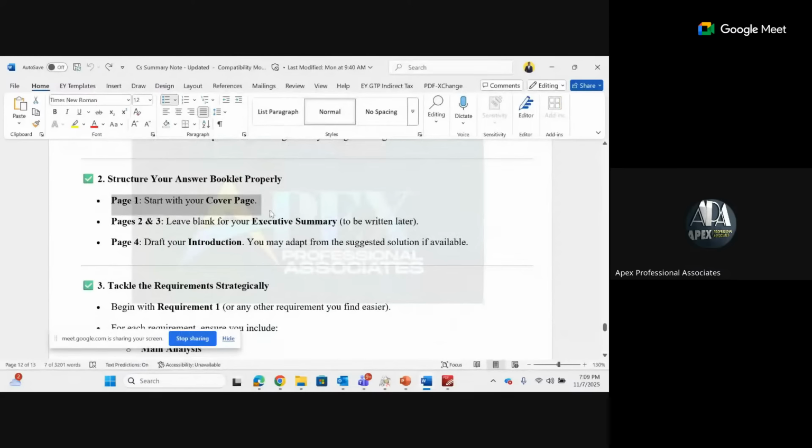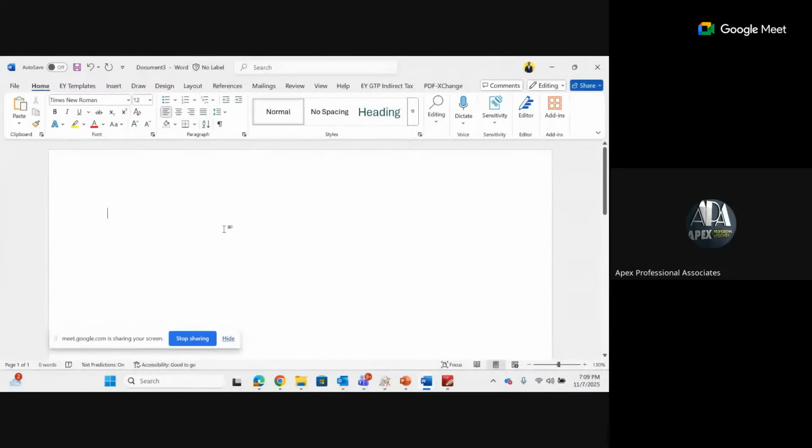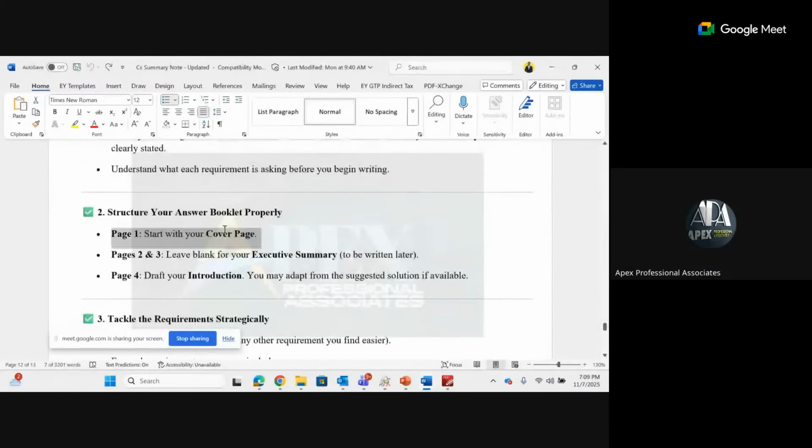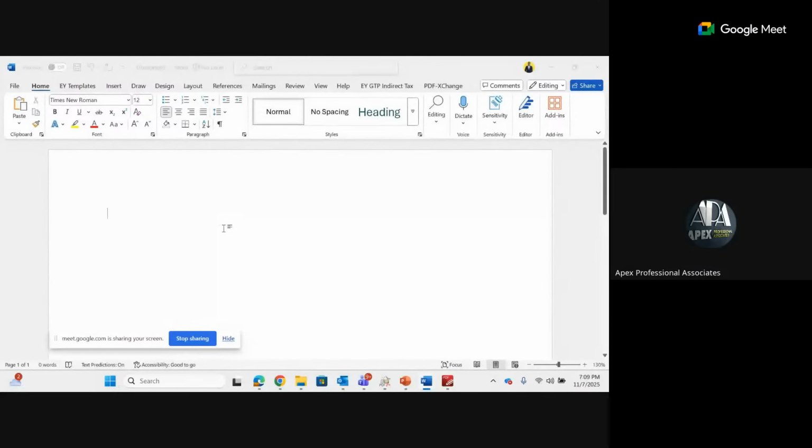We've all agreed that this is an internal report from our first class. And in an internal report, you have 4 things that you are going to be bringing here. So this is page 1, cover page.